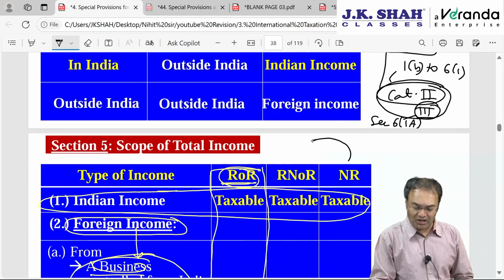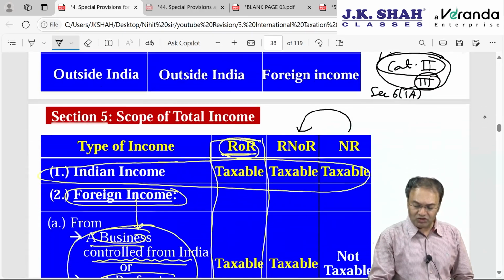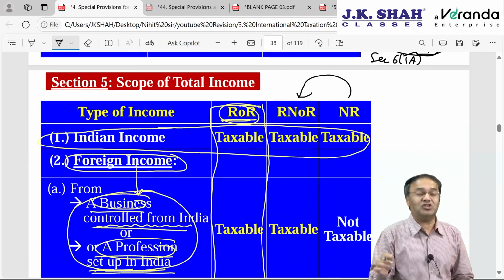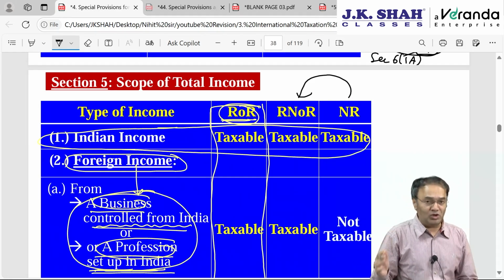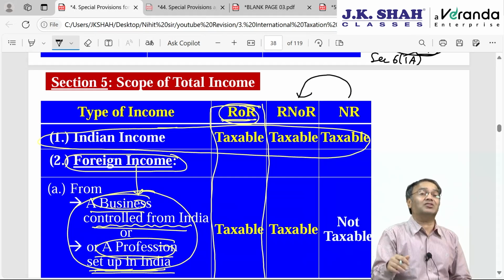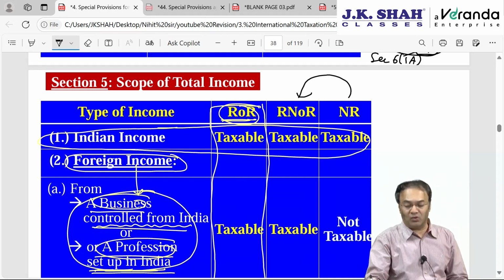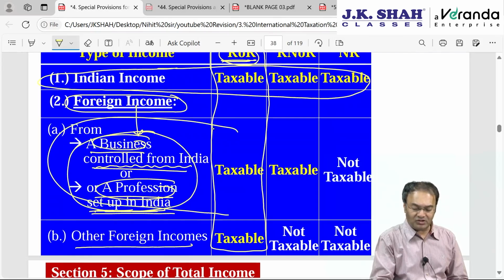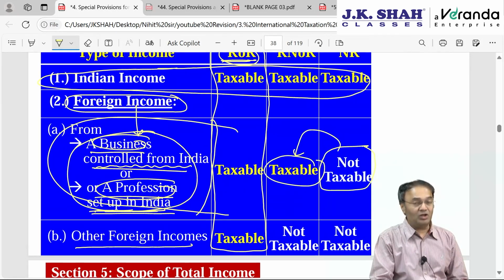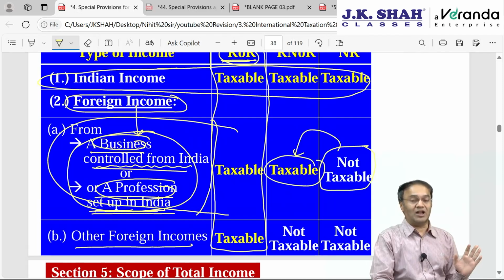A person who is NR now becomes RNOR. So which incomes are there which would not have been taxable had the person been non-resident, but now become taxable because he is RNOR? There is only one income, that is income from a business controlled from India or income from a profession set up in India. Only this income was not going to be taxable had he been non-resident, but becomes taxable because he becomes RNOR.